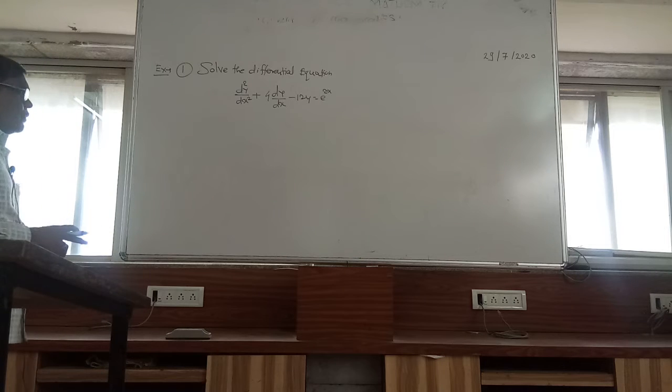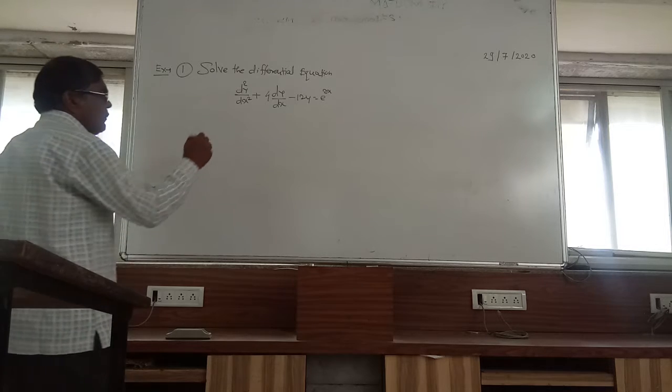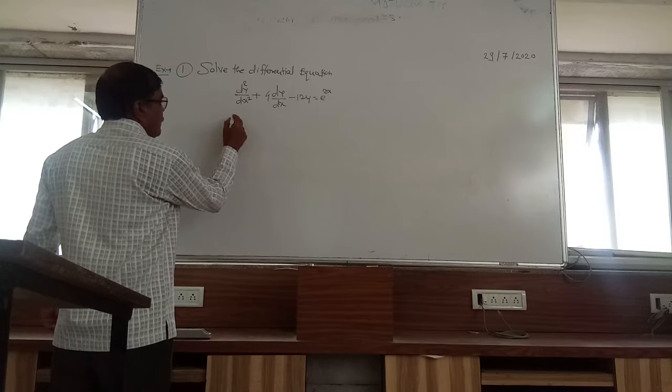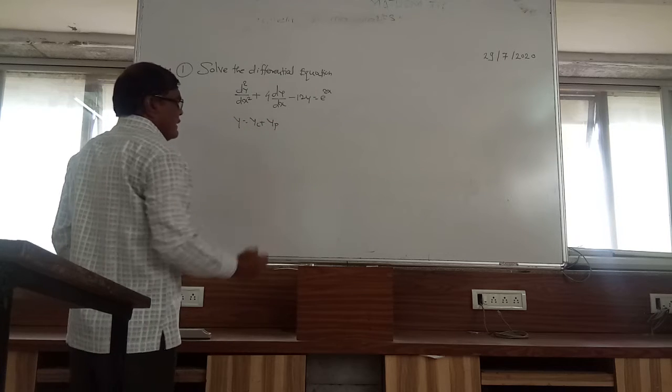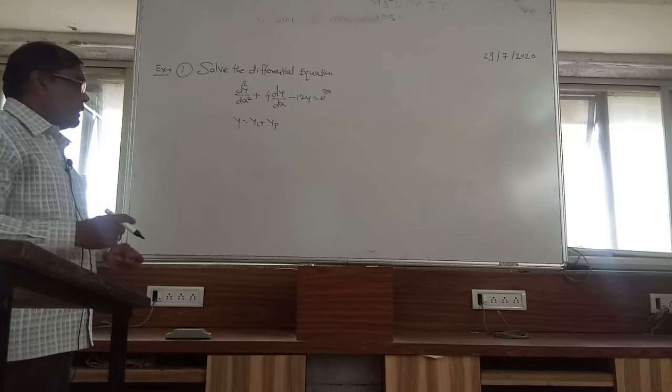This is a non-homogeneous linear differential equation with constant coefficients. It has a solution of the type y is equal to yc plus yp, where yc is the complementary function and yp is the particular integral.